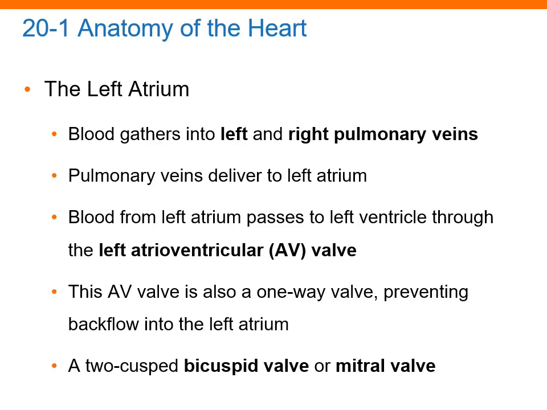Then, because we've gone through the lungs, just imagine the blood has gone through the lungs. Now it's coming back to the heart, to the left atrium. There are 2 left and 2 right pulmonary veins that are bringing the blood back to the heart. And this is the example where these are veins that have oxygenated blood. This is that exception that I was talking about.